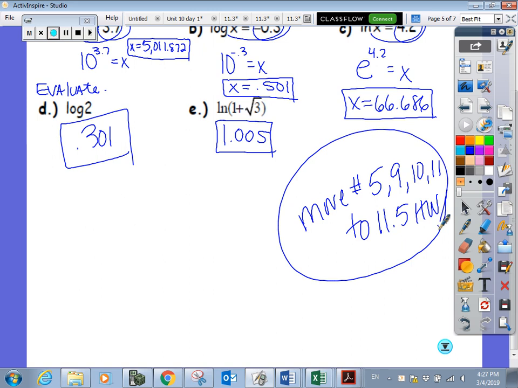Now if you can do them, terrific, go for it. Same laws you learned in Algebra 2. But if you can't, or you want to wait, those problems 5, 9, 10, and 11 we're going to do with our 11.5 homework. Those are important problems, you don't just want to omit them, because they're probably a little bit different than what you saw in Algebra 2.